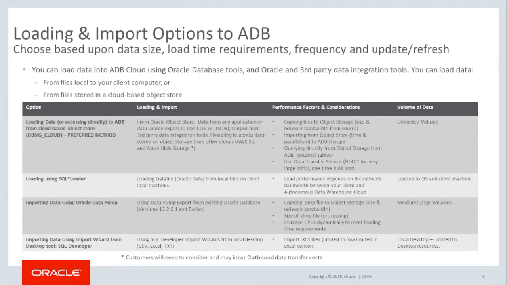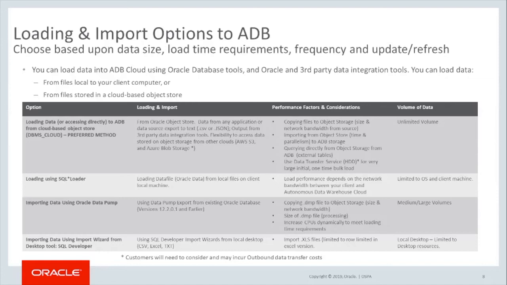Because Data Pump will perform the upgrade as part of the export-import process, this is the simplest way to get the ADB from any existing Oracle database implementation. SQL Developer provides a GUI front end for using Data Pump that can automate the whole export and import process from an existing database to ADB. SQL Developer also includes an import wizard that can be used to import data from several file types into ADB.